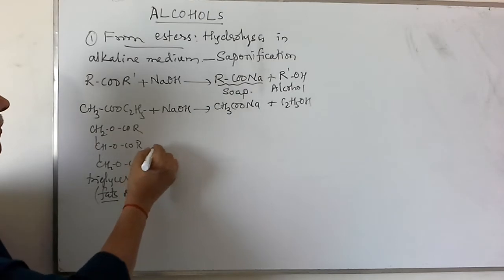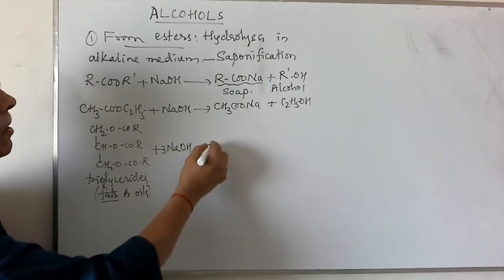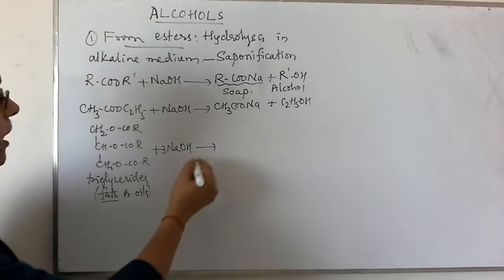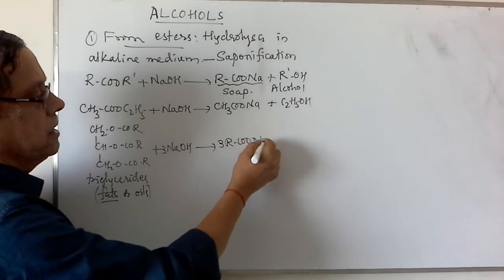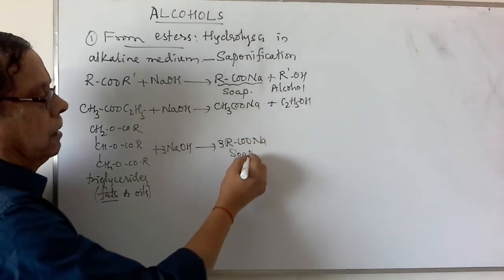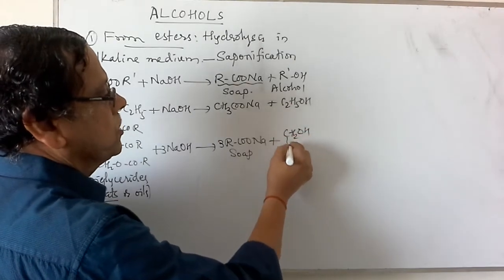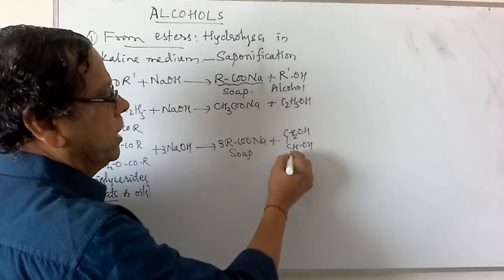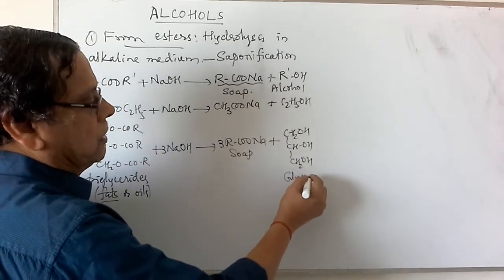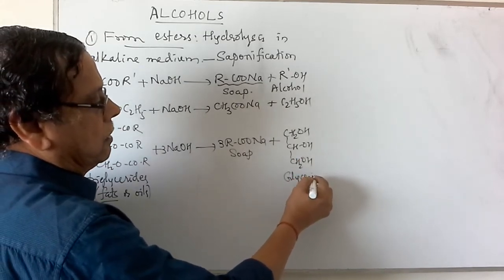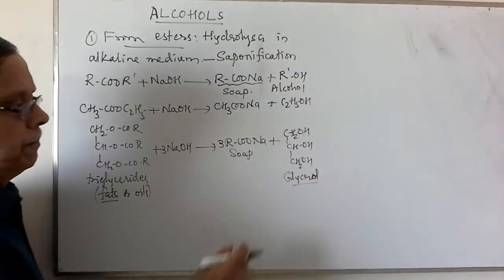When these oils and fats are subjected to hydrolysis by using sodium hydroxide, we get 3 molecules of RCOONa, that is nothing but soap, along with the formation of glycerol, CH2OH, CHOH and CH2OH. This is glycerol. So this is the method of manufacture of soap as well as glycerol.